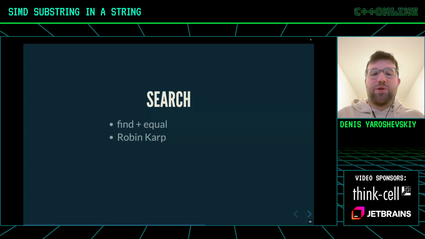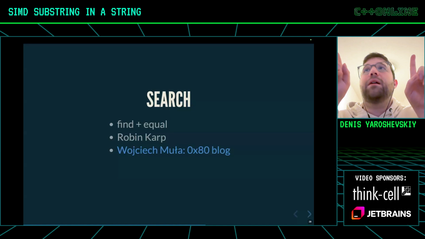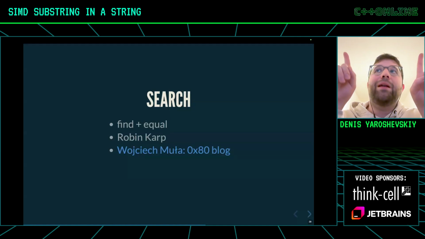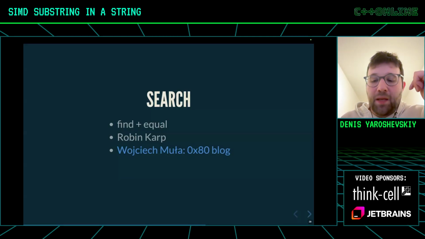So let's use a better hash. Wojciech Muła, in his 0x80 blog, suggests using the first and last character of the string. What I really like about this is this hash works even for a one character string, since the first and last character just match. So this is the one I went with.